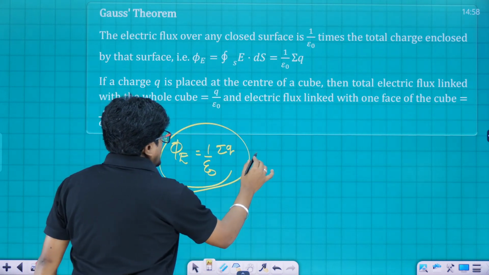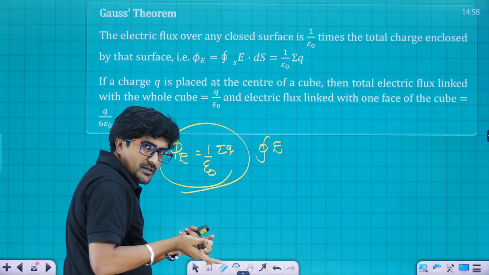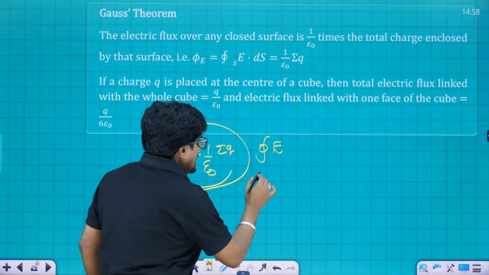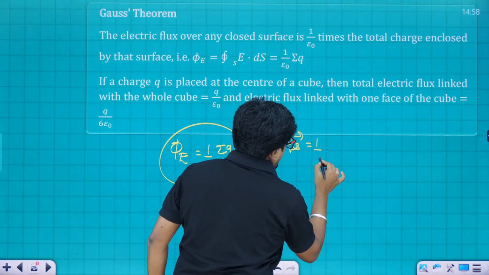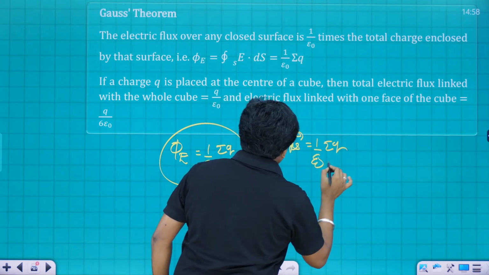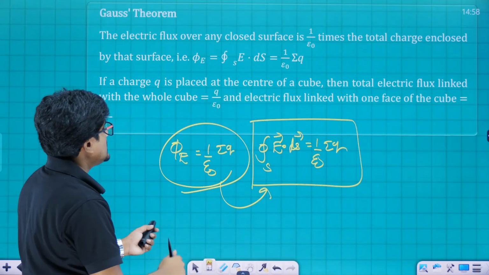We can represent it in another format also, that is the closed surface integral of E dot ds equal to 1 by epsilon naught times the total charge enclosed. Both are the same.